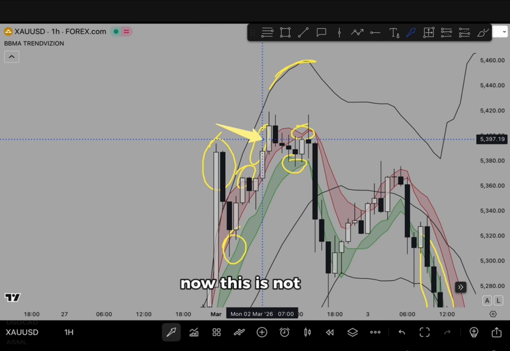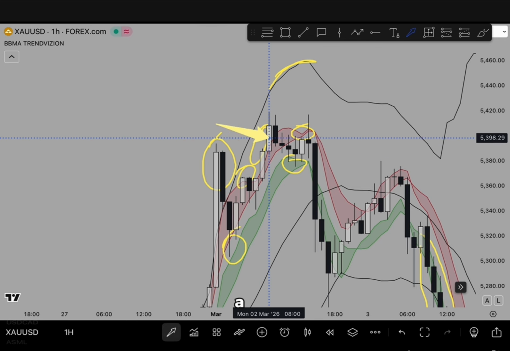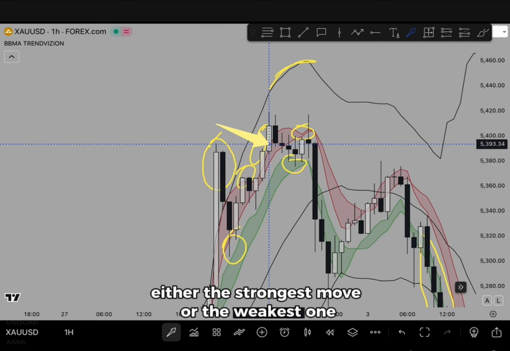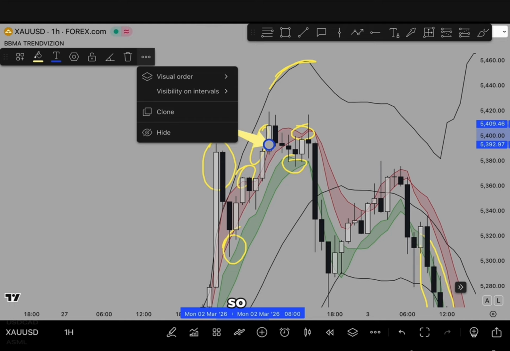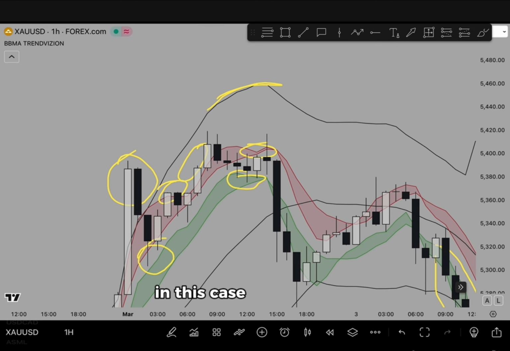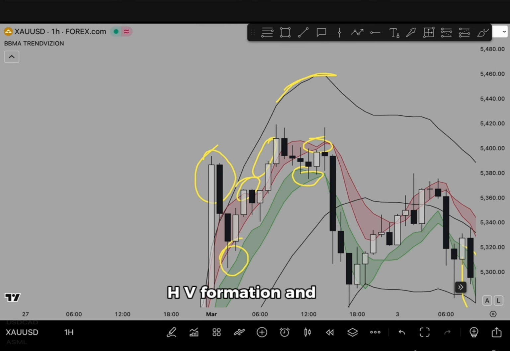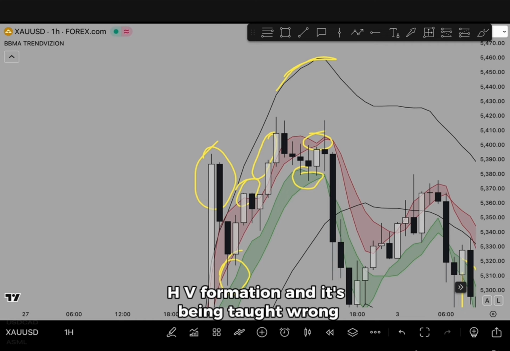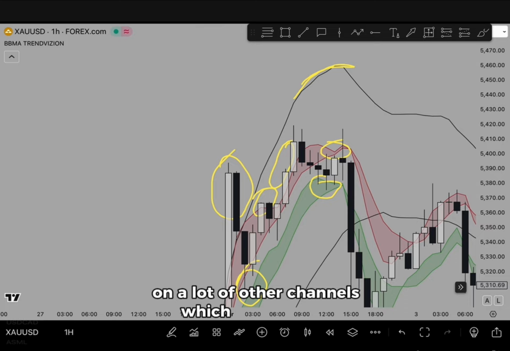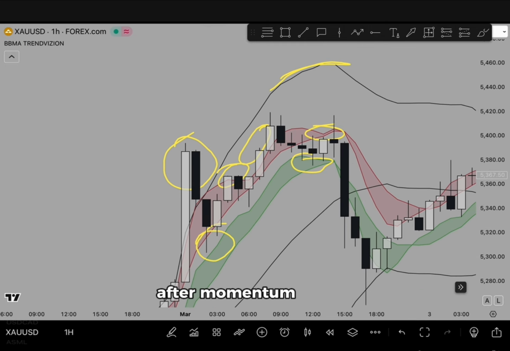Now, this is not the strongest signal, and after a CSM, a CSA usually gives either the strongest move or the weakest one. In this case, this is part of the MHV formation, and in my opinion it's being taught wrong on a lot of other channels which teach BBMA, because they say, okay, after momentum, there's MHV.